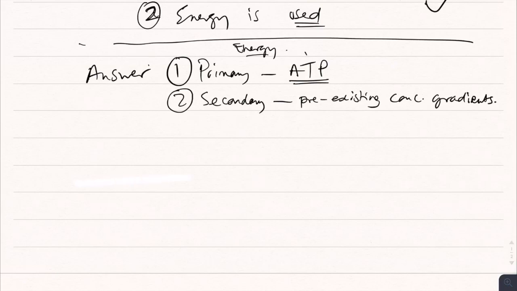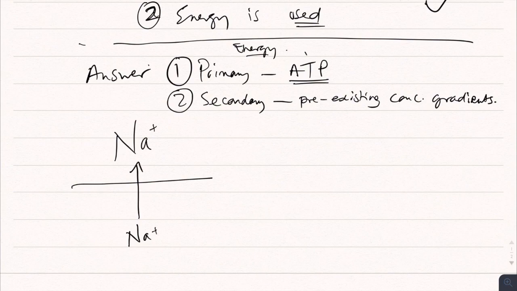Primary active transport, say, got a membrane right there, and you've got sodium here at a low concentration, and you've got sodium there at a high concentration. Well, active transport will move sodium from a low to a high concentration via a protein, but with the hydrolysis of ATP.